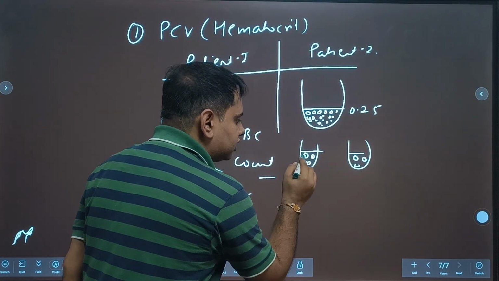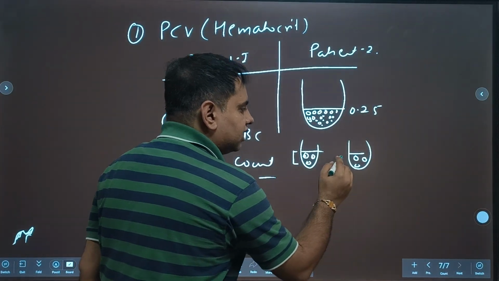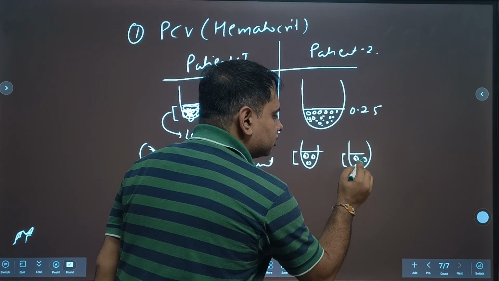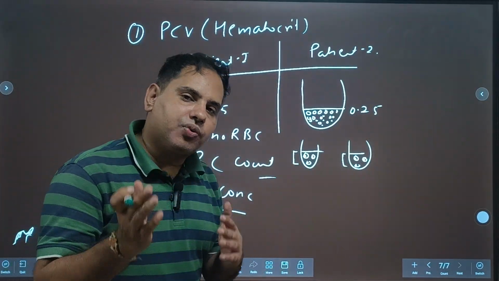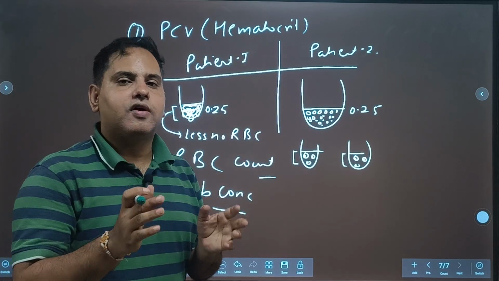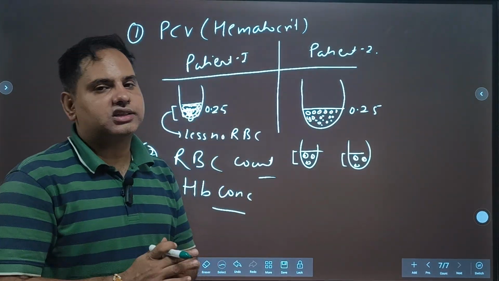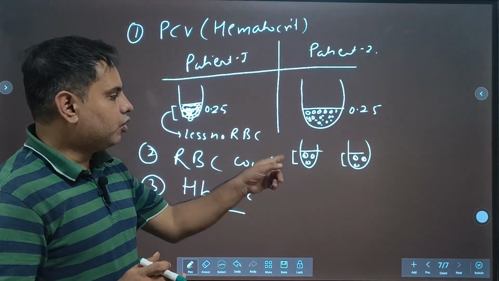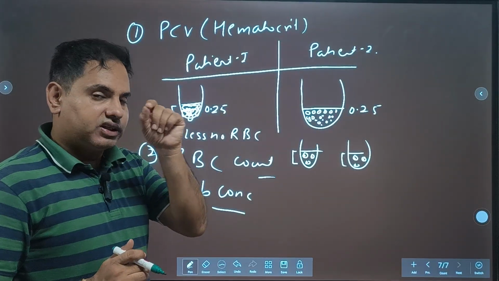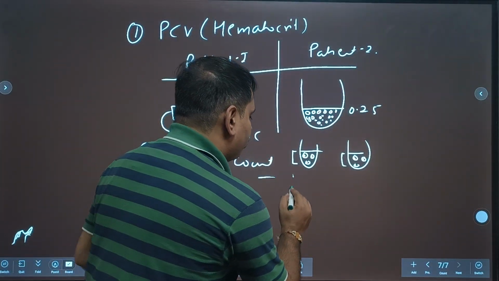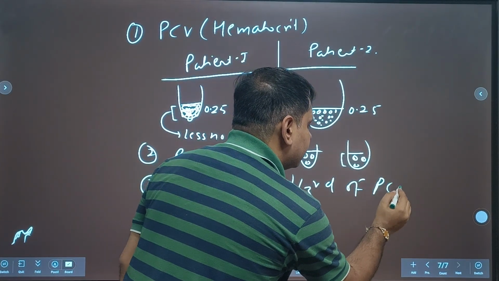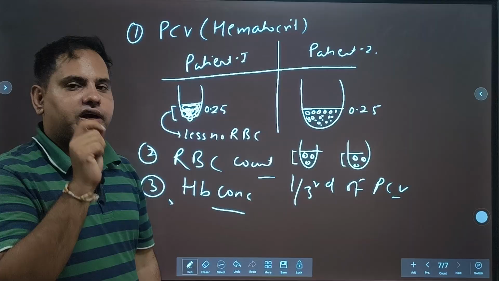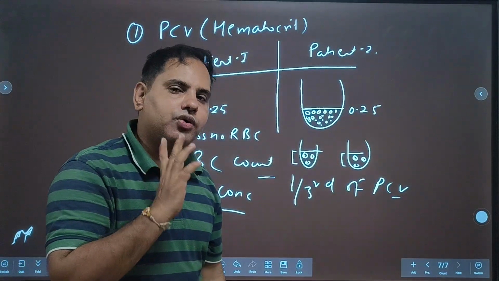Maybe this patient's hemoglobin is less, and this patient's hemoglobin is a little bit more as compared to this. So patients can differ in hemoglobin concentration even though their packed cell volume and number of cells can be the same, right? Hemoglobin is one third of your packed cell volume. So hemoglobin is loaded in your RBCs at 1/3 of your packed cell volume.